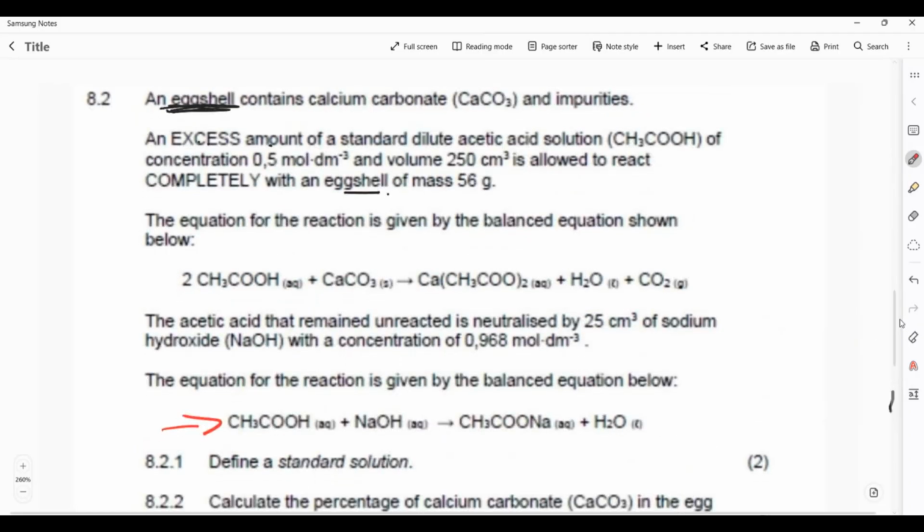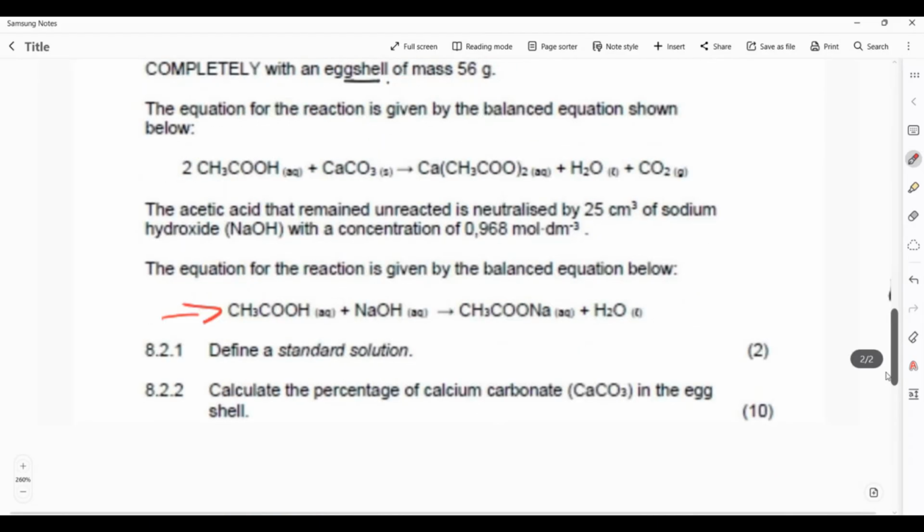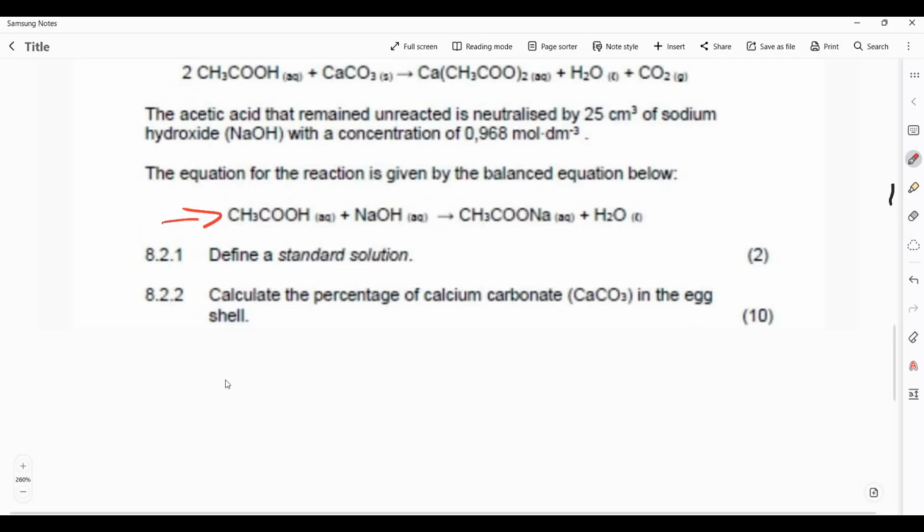Because the statement said an excess amount of standard dilute acetic acid solution of concentration 0.5, and so on, that acetic acid, CH3COOH, had a volume and also a concentration.